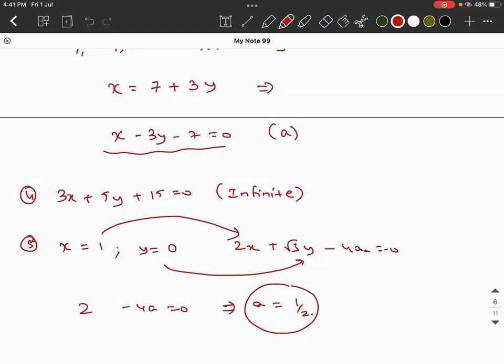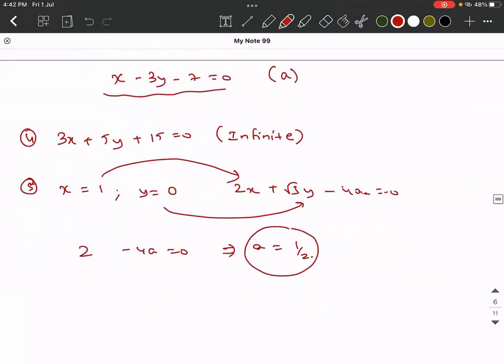Minus and minus cancel. You guys need to be careful with that. So 2 will be equal to 4a, which implies a is equal to 2 by 4, which is 1 by 2.